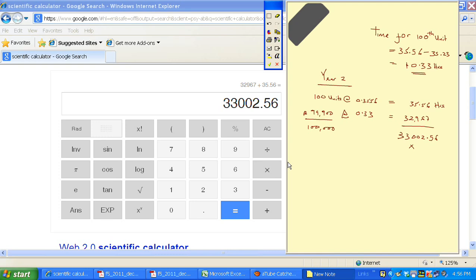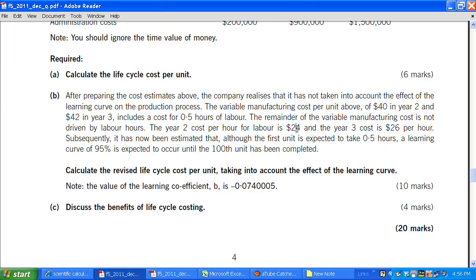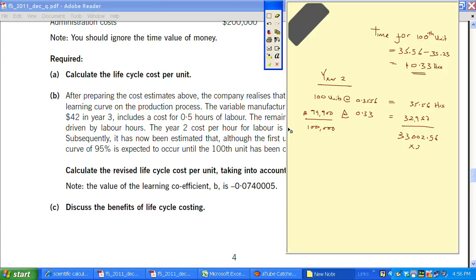But each hour in year 2 is 24. Hope you can see that 24.